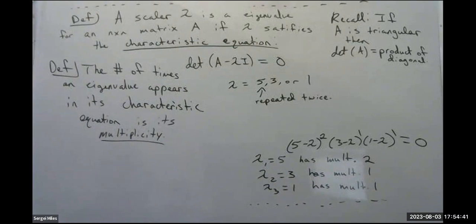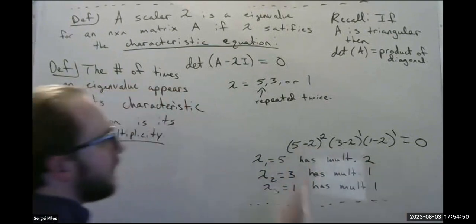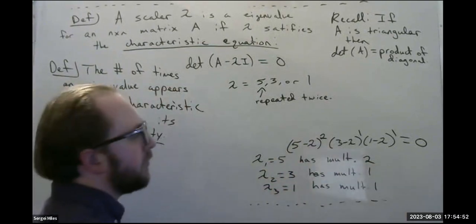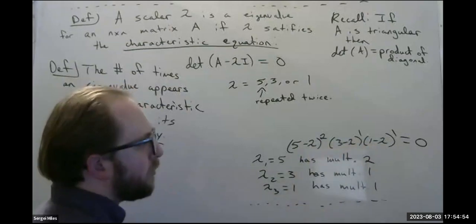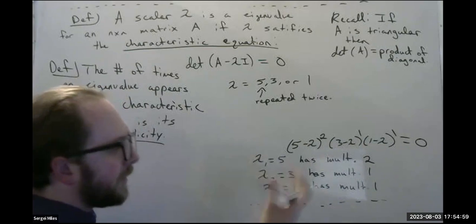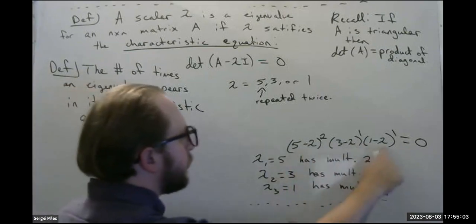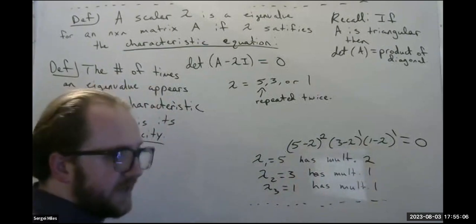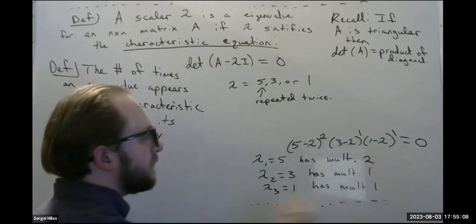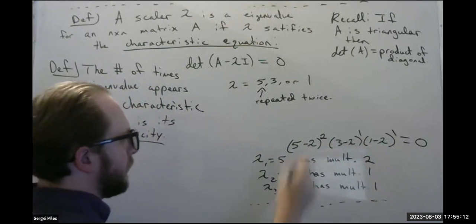This was for a matrix A, which was a 4 by 4. Because it was a 4 by 4, its characteristic equation turned out to be a 4th degree polynomial. If you multiply all of this out, you're going to have lambda to the 4th power plus some other stuff, right? So this is a 4th degree polynomial, but we can also see here that the multiplicities add up to the total degree of the polynomial.